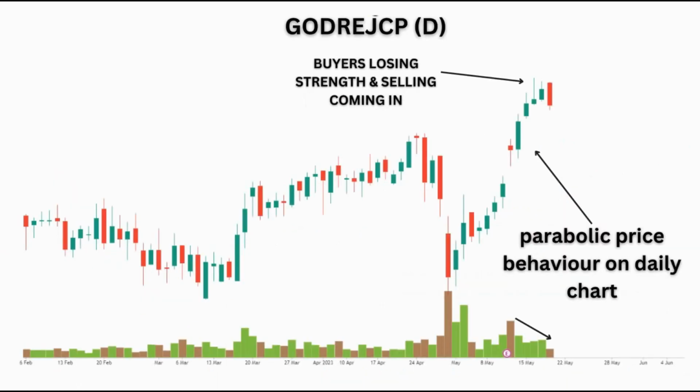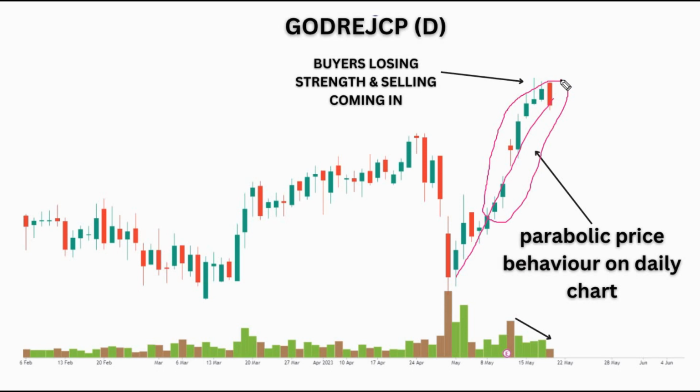Here is the chart of Godrej CP on daily time frame. As you can see, prices are in a very strong uptrend, but this uptrend is parabolic in nature. So what we can say is prices are a little bit overextended towards the upside, and a pullback or a deep retracement or a reversal is on the cards.